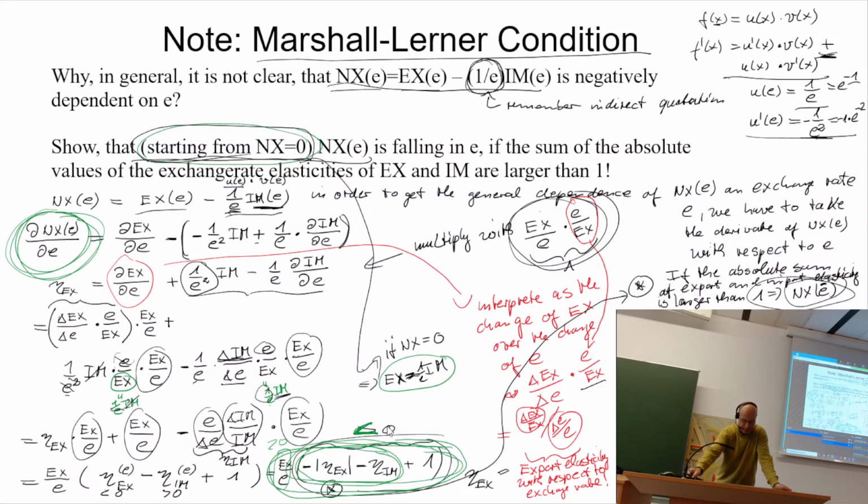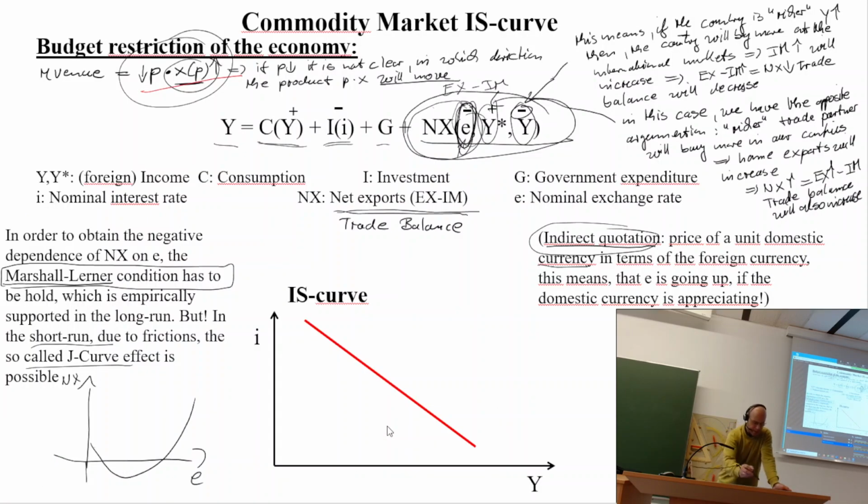This we find in practice, but I also added here the so-called J-curve effect, because in the short run, if we have, so to speak, an exchange rate shock, it is possible that we have an overshoot in the reaction, that in the short run the dependence could be the other way around, that for a while we have an increase if the exchange rate increases, but in indirect quotation.